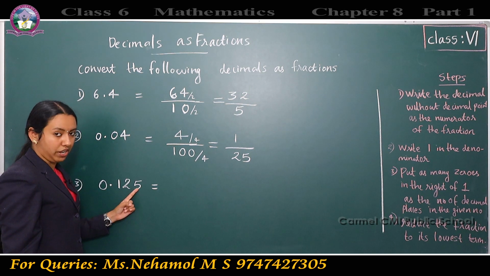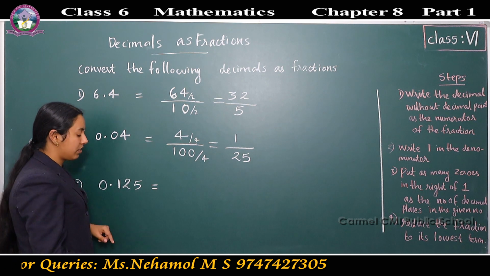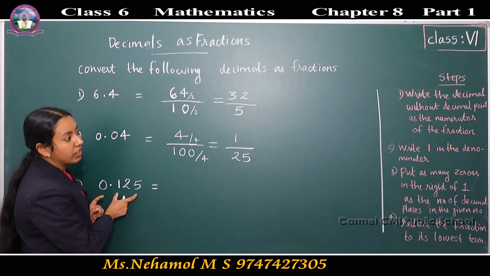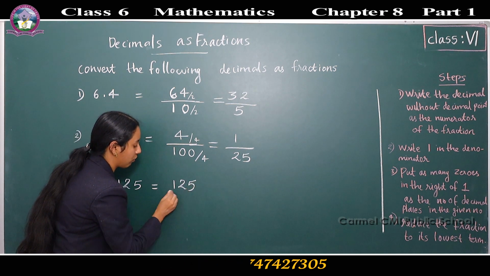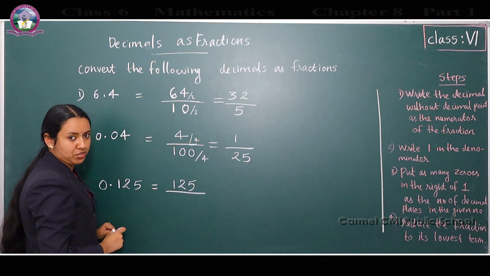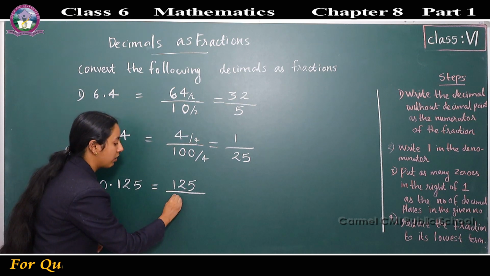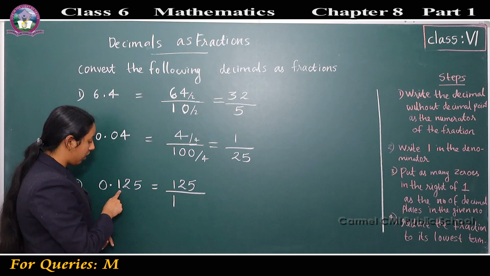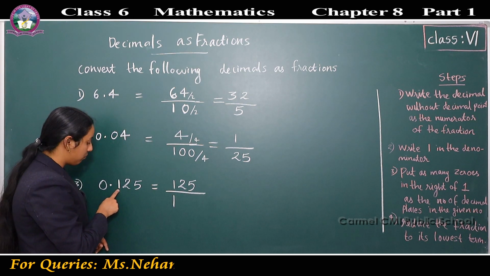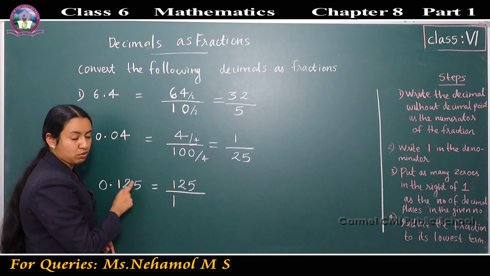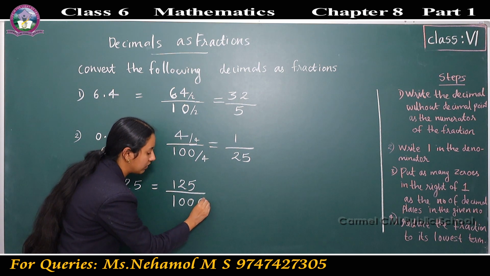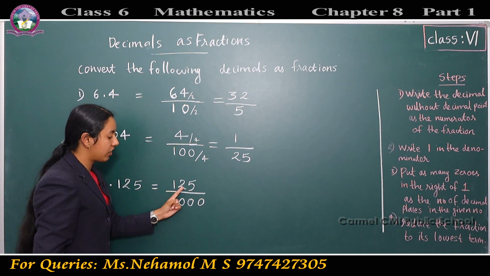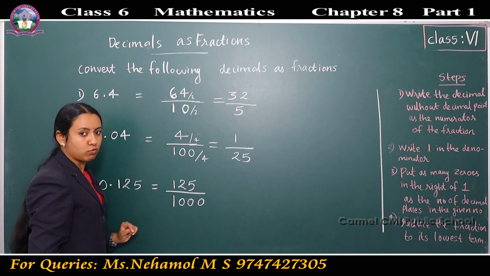Next one, 0.125. What is the step? First write the decimal without the decimal point as the numerator of the fraction: 125, and write 1 in the denominator. How many decimal places are here? 1, 2, 3. So we have to put 3 zeros. 125 by 1000.